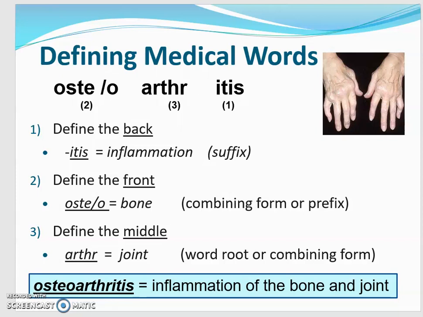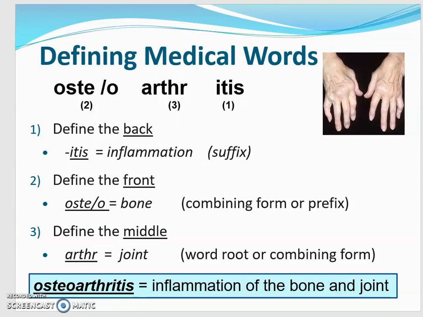And every single medical term is going to have a suffix. So you really, really, really need to know your suffixes in order to define words. If you don't learn your suffixes now during chapter 1, you're going to have great difficulty being able to define all the words that we learn this semester. So really understand those suffixes when we get to them.